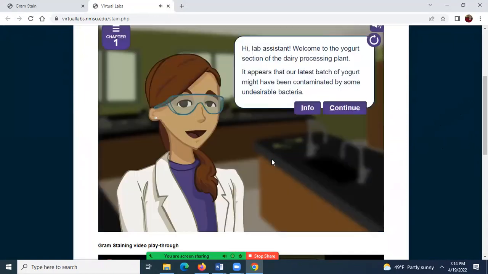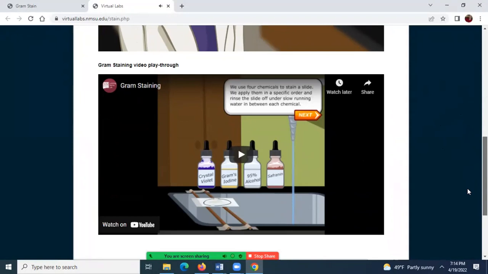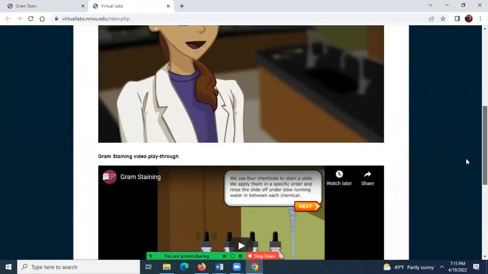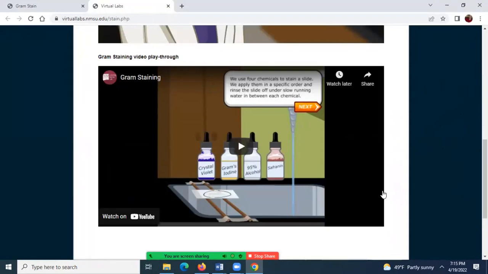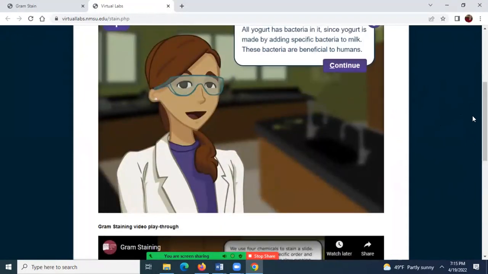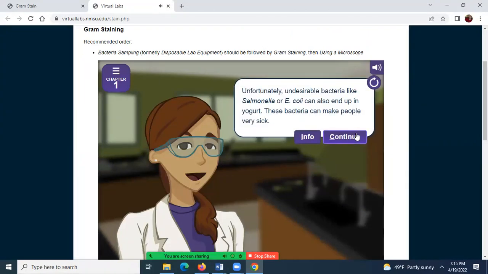Continue, gram stain. Hi, lab assistant. Welcome to the yogurt section of the dairy processing plant. It appears that our latest batch of yogurt might have been contaminated by some undesirable bacteria. All yogurt has bacteria in it, but unfortunately, undesirable bacteria like salmonella.